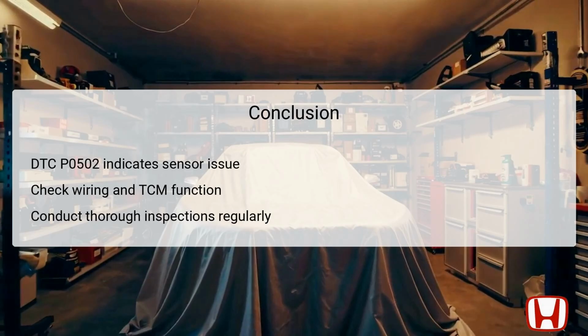Thorough and methodical inspections are necessary to isolate the problem accurately. Regular maintenance practices play a significant role in preventing future occurrences of this DTC, ensuring smooth operation of the Honda Accord 2023 Plus. Timely repairs and proper circuit management will enhance driving experience and vehicle reliability.